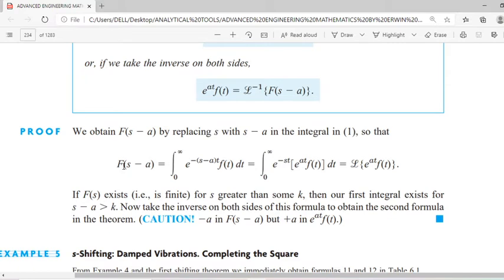Now let us compute F of S minus A. By definition it is the integral from 0 to infinity of e raised to minus S minus A into t, f of t dt. We can modify this to the integral from 0 to infinity of e raised to minus st, e raised to at, f of t dt.